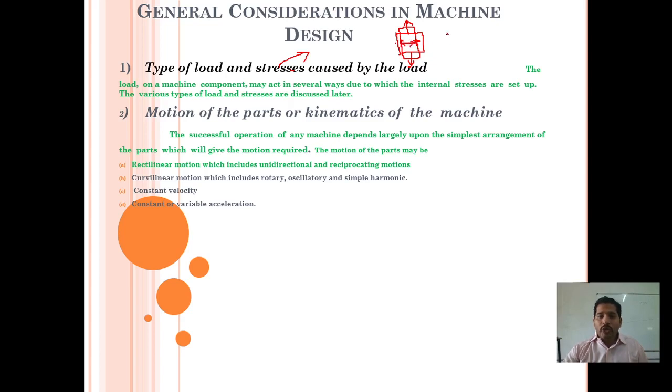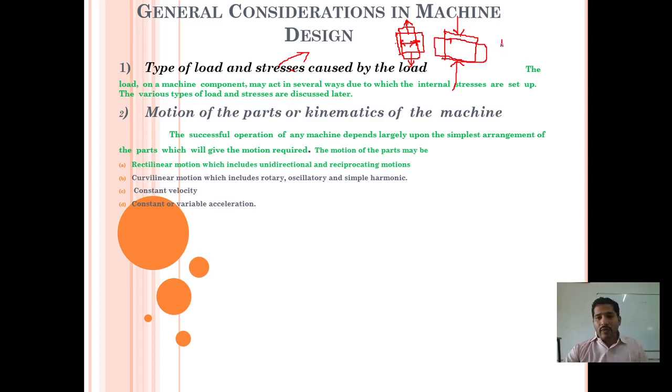What about compressive stress? In compressive stress, when two equal and opposite forces are applied on the bar, the length of the bar will decrease but the diameter will increase. We call this compressive stress.